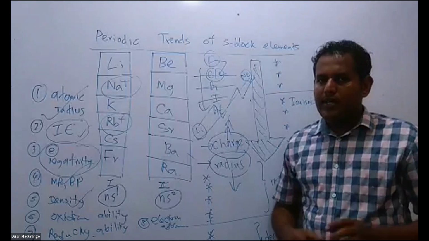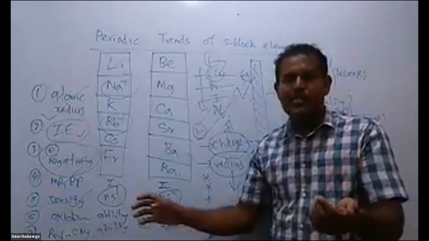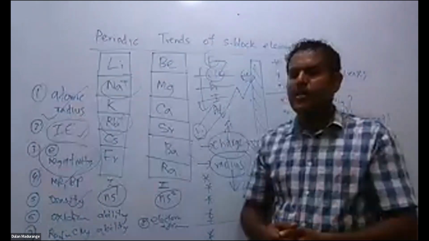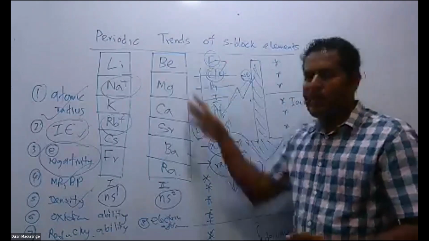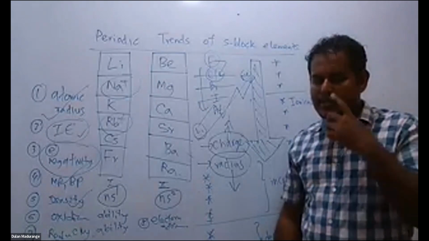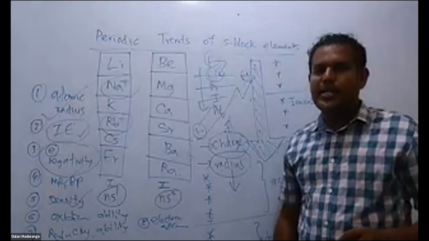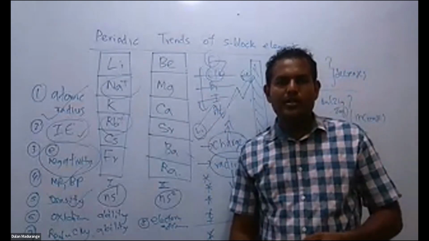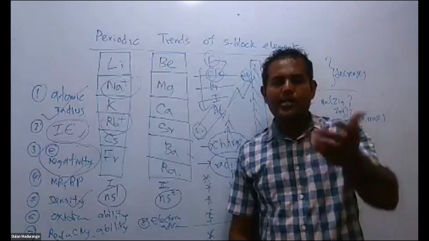These elements will produce bases that are well soluble in water. Most elements are not forming water soluble bases. As an example, magnesium hydroxide is not water soluble. It's water insoluble. We consider magnesium hydroxide as a precipitate.